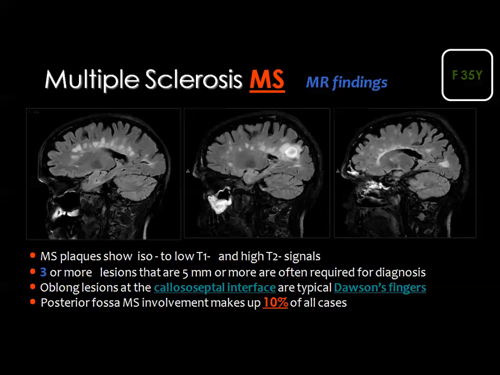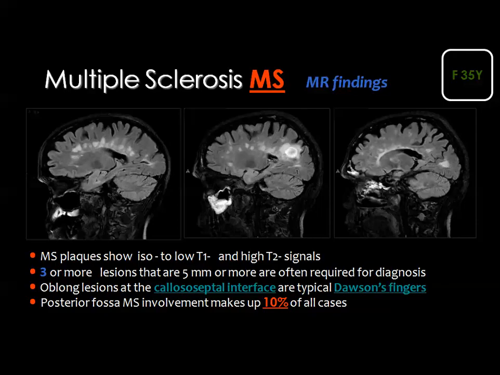Some lesions commonly appear in the posterior fossa. It is usually stated in the literature that we should have three lesions or more that are 5 millimeters or more in order to settle the diagnosis of MS. But as I have mentioned, the diagnosis of MS is a clinical diagnosis.